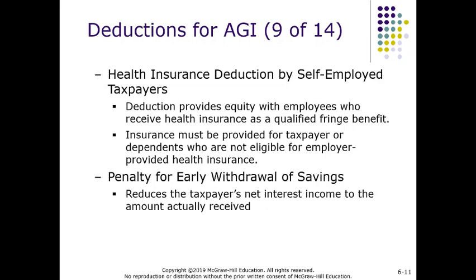Well, you can't get both. If you're eligible to be covered by an employer-provided health insurance, you want to elect to take that because the self-employed person's not going to be able to deduct their health insurance premiums.